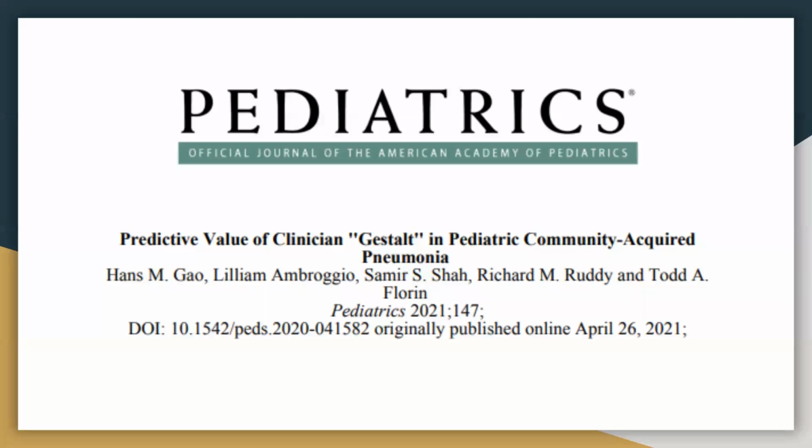I thought this article was interesting and applicable because if you're not admitting a patient to the hospital, you're taking a risk every time you assess a patient.